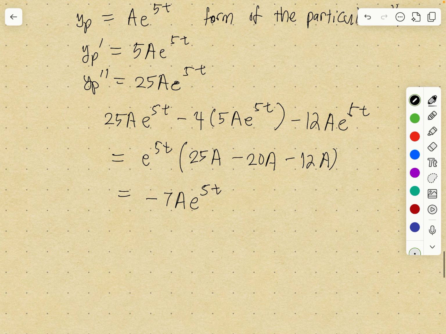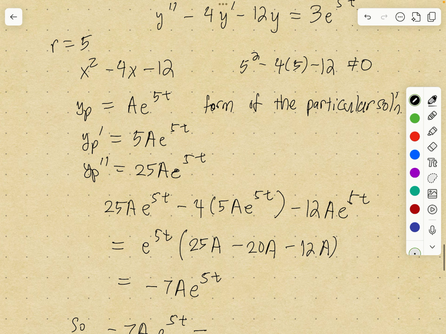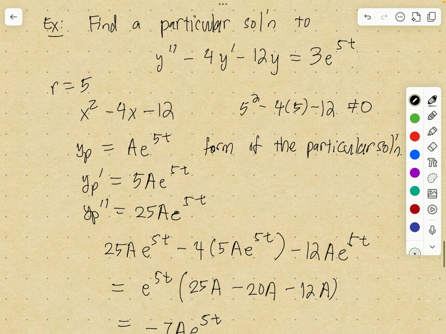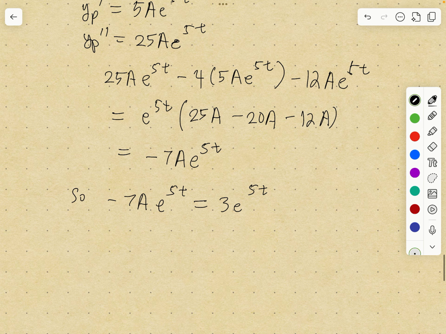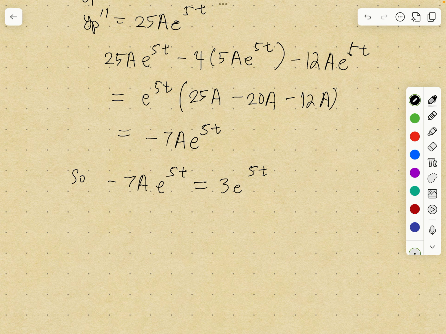So this is my left-hand side. So I set this equal to the right-hand side, because I'm trying to figure out what a is going to work. It should be equal to 3e to the 5t, no matter what your t is. So now you set the coefficients of e to the 5t together, right?